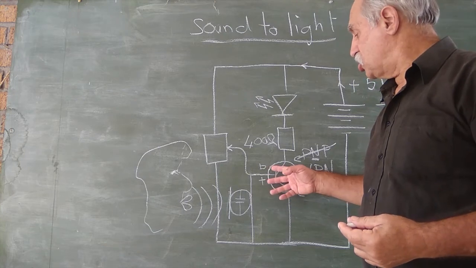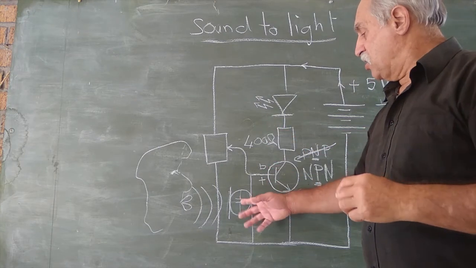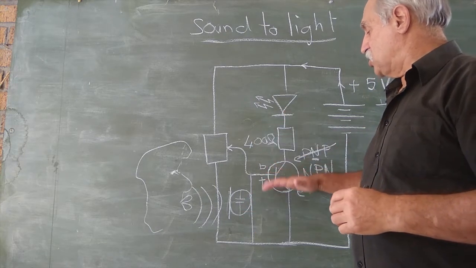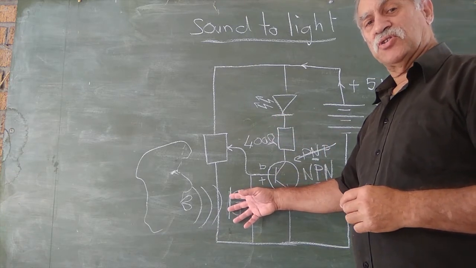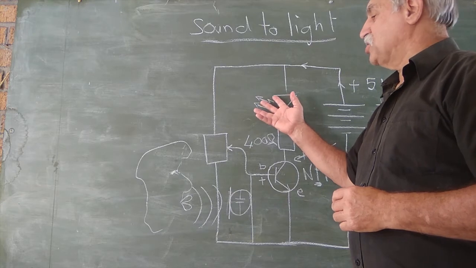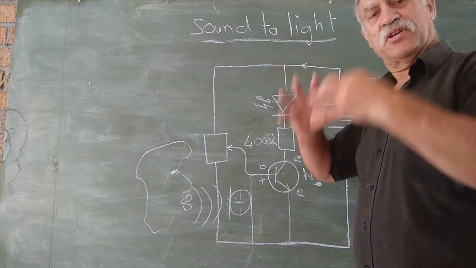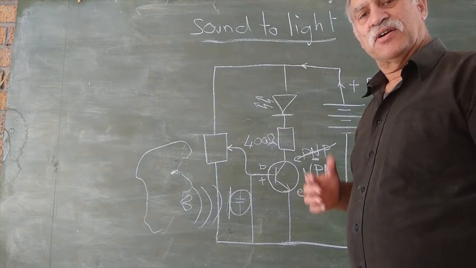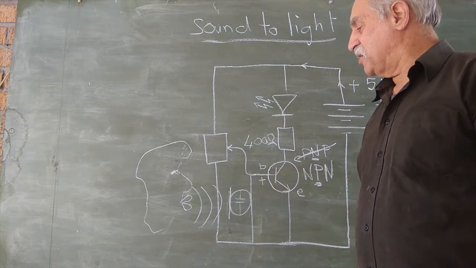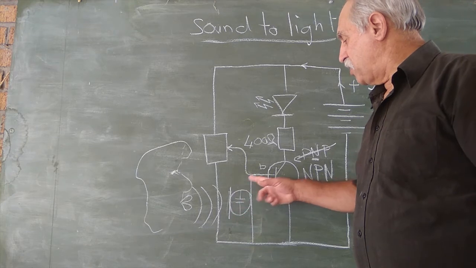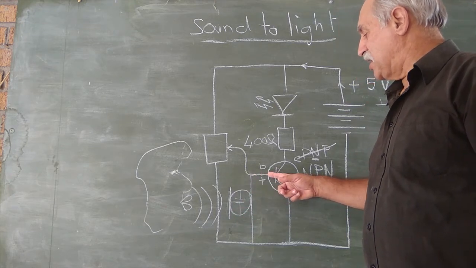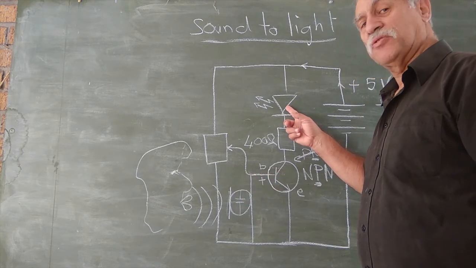Whereas it was just on the point of coming on, this microphone tips it over and makes it come on, come off, come on, come off every time you have a loud noise. And then this light will also glow or come on in time to the loud sound reaching the microphone. So the microphone will just add to the base that extra little bit to make the light come on fully.